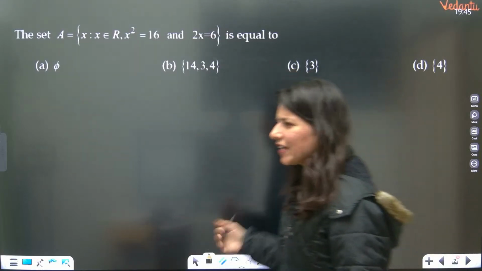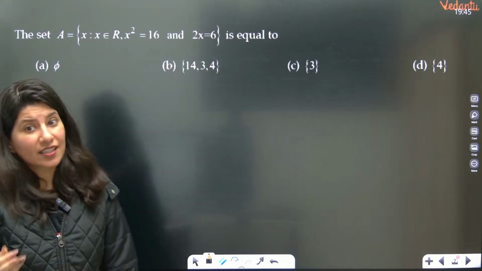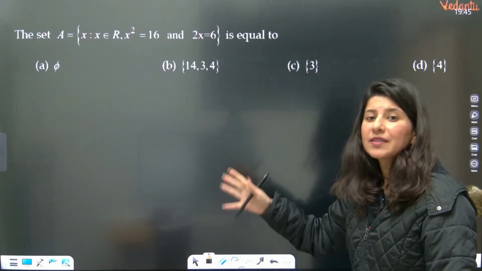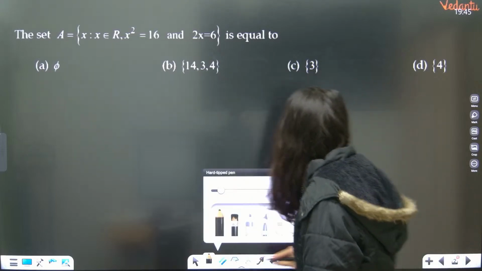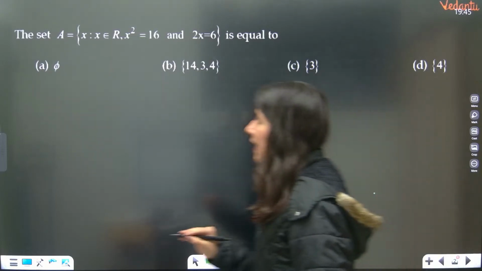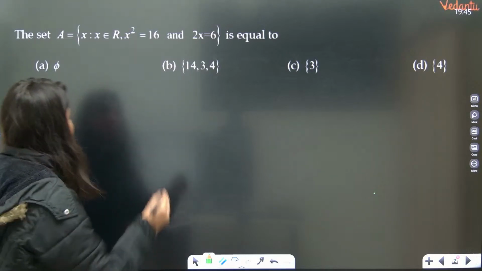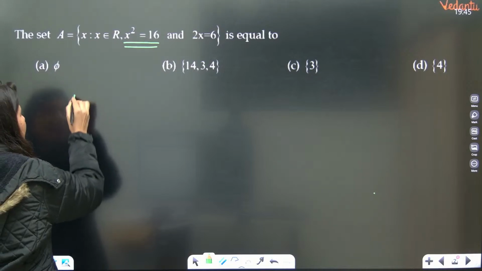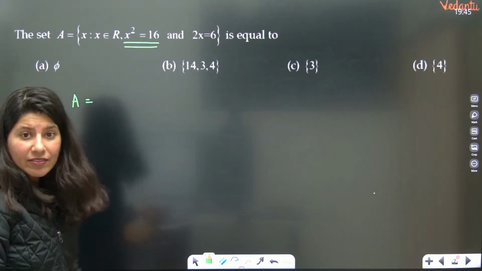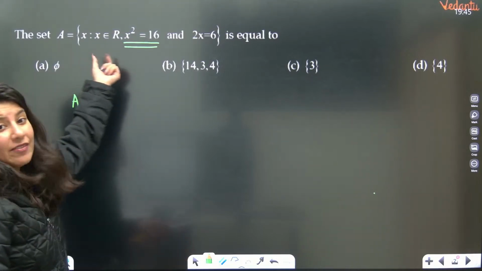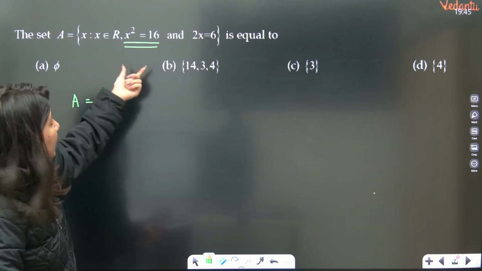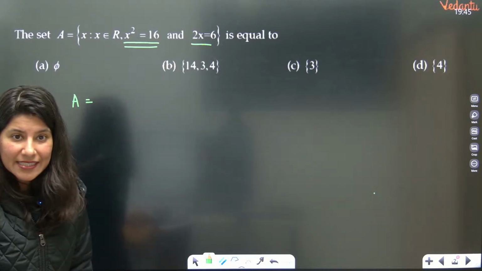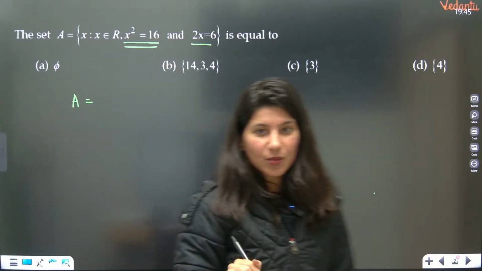So now here is the very first question, which is from the set theory chapter, and the question is absolutely easy. It says that x square is equal to 16. So basically your set A will have all the values of x satisfying these two things: x square is equal to 16 and 2x is equal to x.